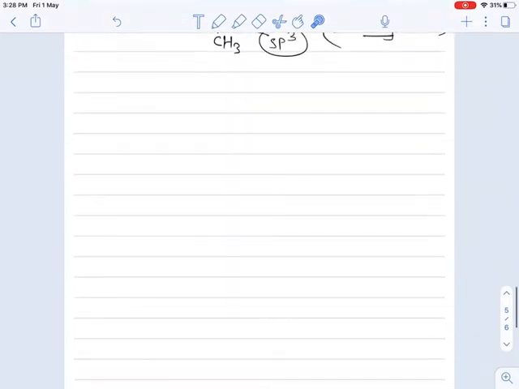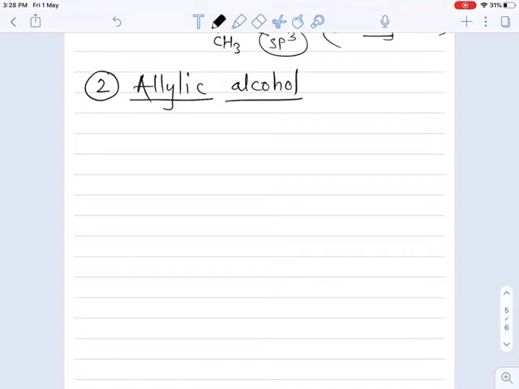Now again these sp3 hybridized alcohols are further classified into the next type of alcohol, that is allylic alcohols. Allylic alcohols are further classified into three types: primary, secondary and tertiary alcohols.